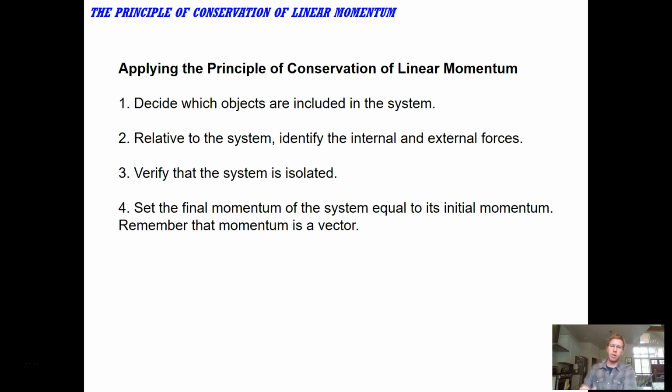From there you can add up all the initial momentums and set that equal to the sum of all final momentums and solve, keeping in mind that you're dealing with a vector quantity, so you must do the x and the y together. So I'm going to do some sample problems of this.